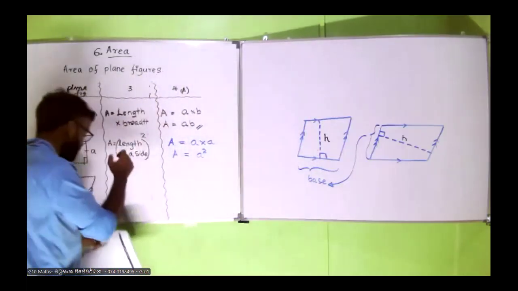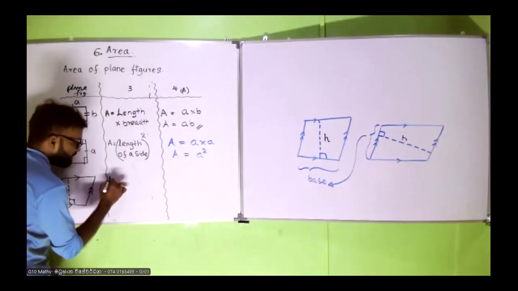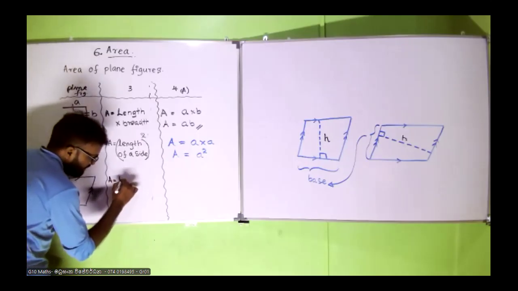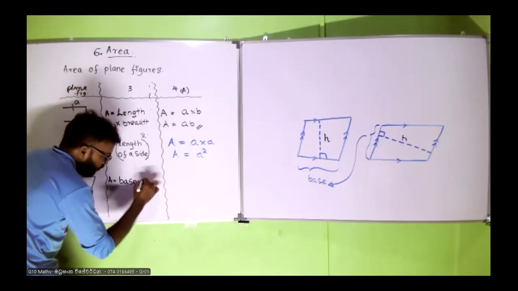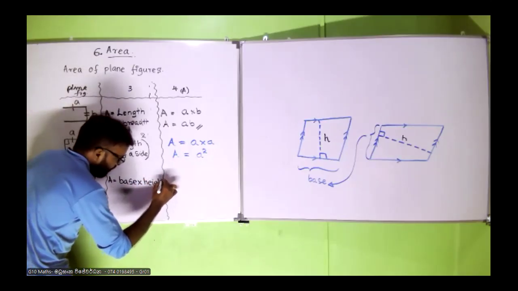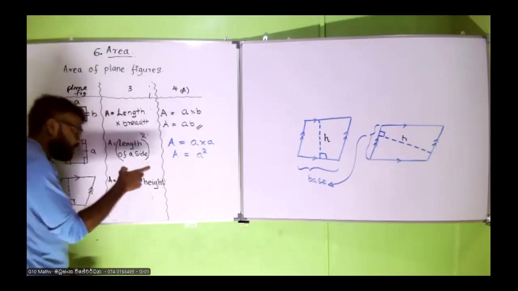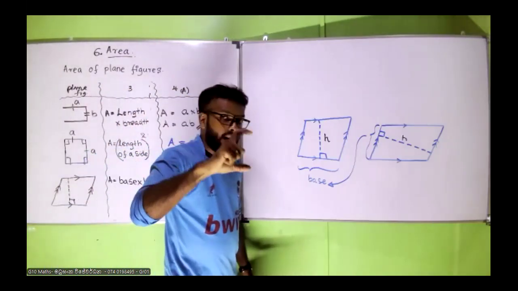So this can be written down as area equals base into height. You need to remember this height should be the perpendicular height or altitude.